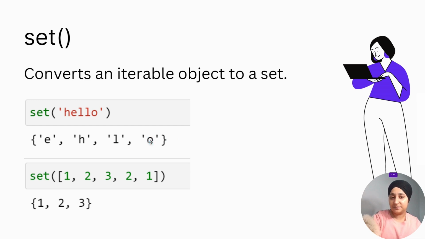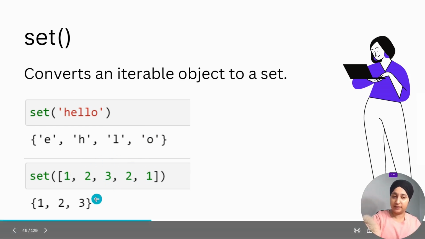And in a set, no duplicate elements are entertained. In the word hello, L comes twice, but in the set it comes only once, since no duplicate values. And these are not ordered, right? Okay, so next we are converting this list to set. Again, no duplicate values, and it is enclosed in curly braces.